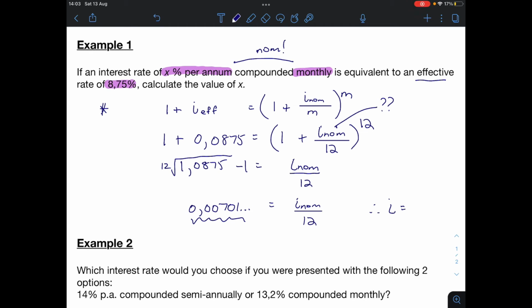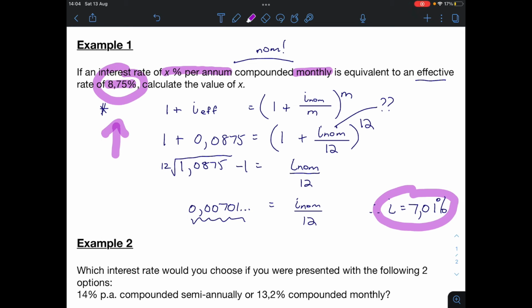And my nominal interest rate is 7.014, so 7.01%. Okay. So once again, this here is our effective interest rate and this here is the nominal. The effective interest rate, by the way, is always going to be higher than the nominal.